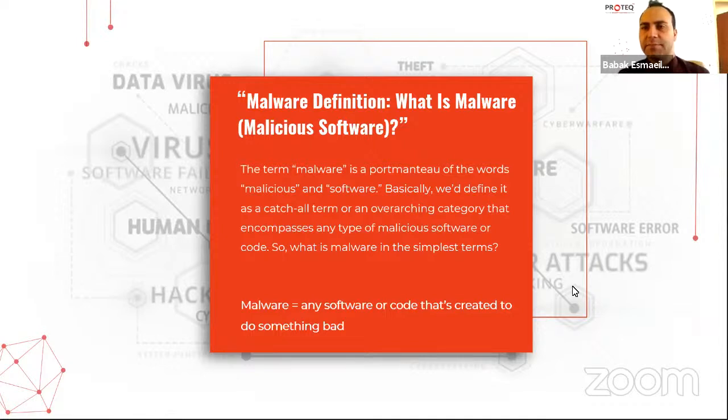Let's say people make some softwares for good intentions, but hackers, black hat hackers, of course, make malwares in order to hack into the systems, into the mobile phones, into the IoT devices. So any software or code that is built for malicious intention is called malware.